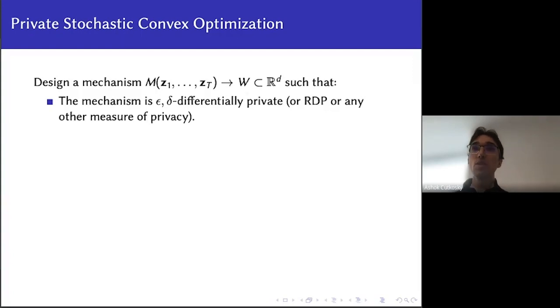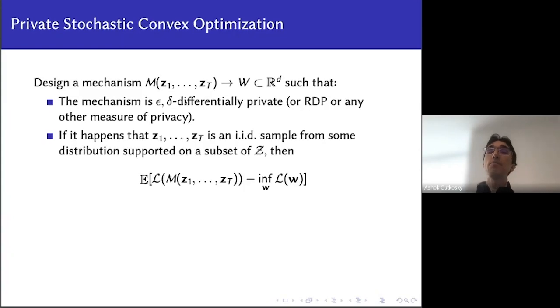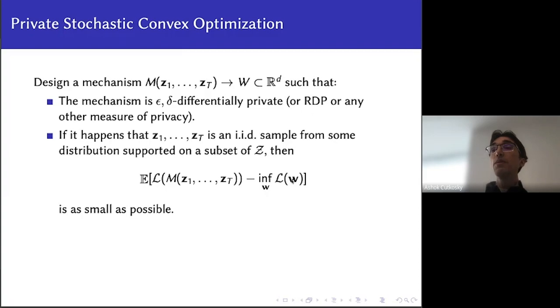In this talk, we're just going to use epsilon-delta for familiarity. And then we want it to be the case that if the data set is some IID sample, then the population loss evaluated on the output of the mechanism, so at the parameter that the mechanism outputs, should be as close to the minimum possible population loss as possible.